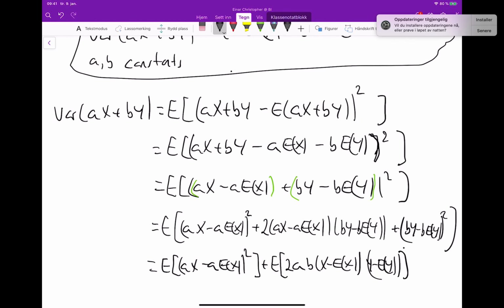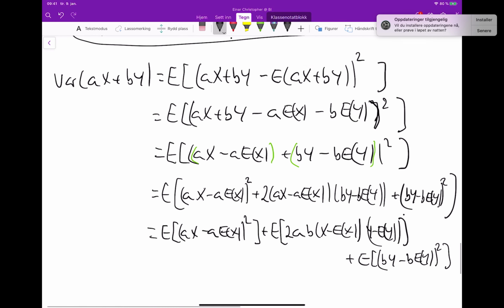And in the end, plus the expectation of by minus b expectation of y to the power of 2, like this.